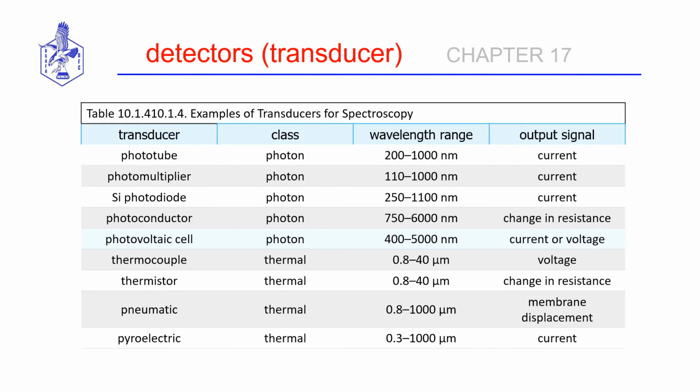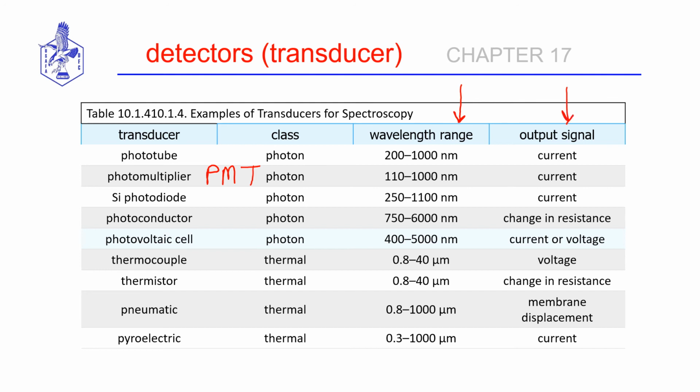If you would like to look at a list of the different detectors, or transducers as they're called, that exist for use in different spectroscopic instruments, this is a list. Our previous slide took a look at the photomultiplier tube. It is the most common. And here are the wavelengths over which the detectors respond, and the nature of the output signal.